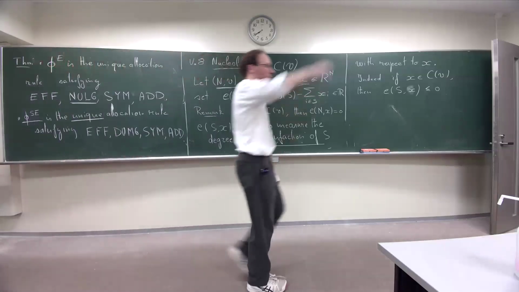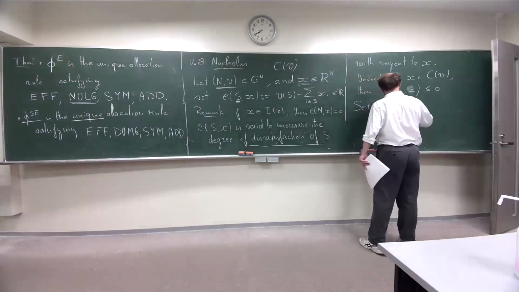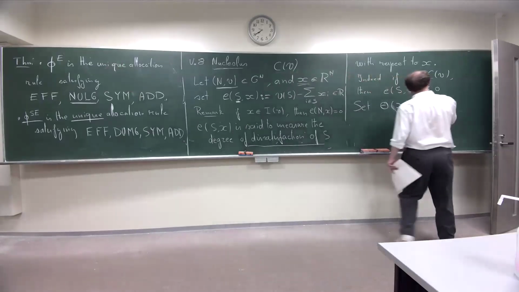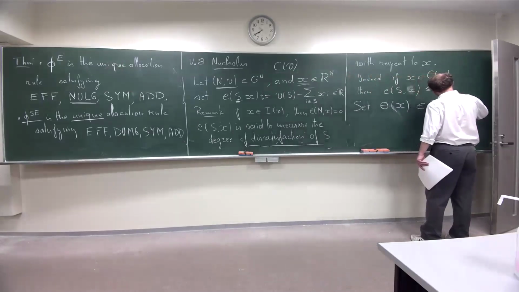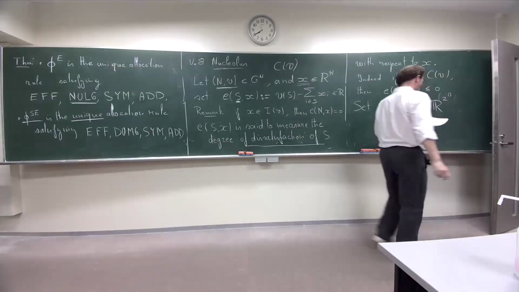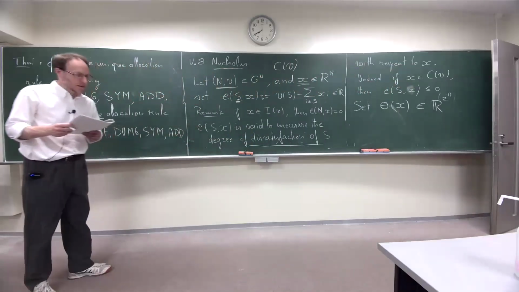So I'm going to make a vector, theta of X. It's going to be a vector in R to the power 2^n. Why? Because we have 2^n coalitions.